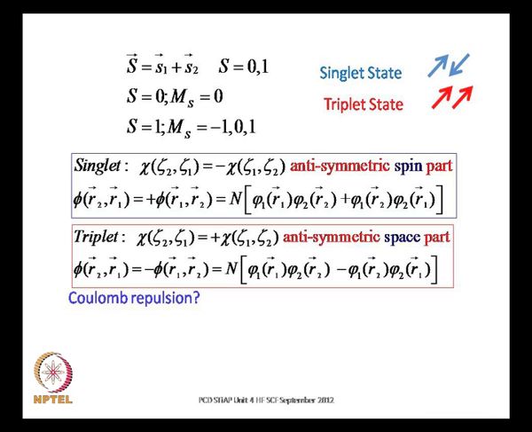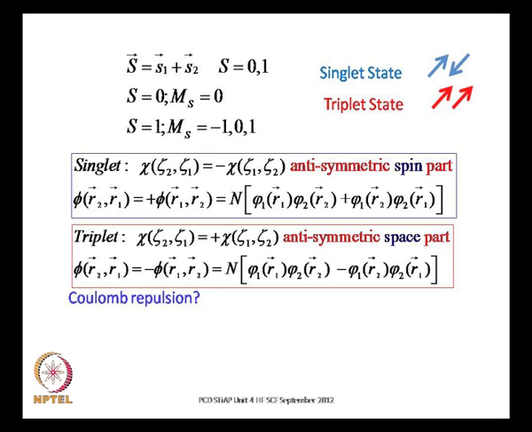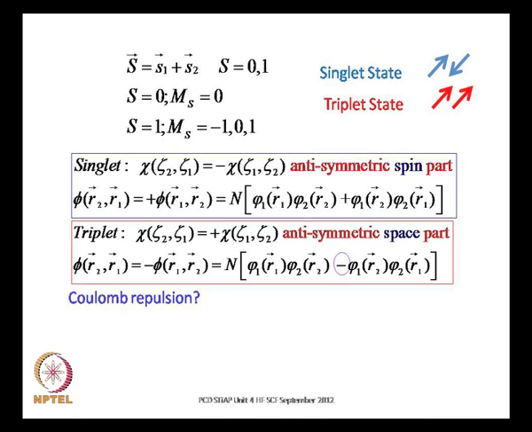Now, can you guess which state would have lower energy? Actually, the form of the wave function written on this slide would suggest to you which would have lower energy if you examine it closely. Notice that there is a plus sign here, the orbital part, and this has a minus sign over here.